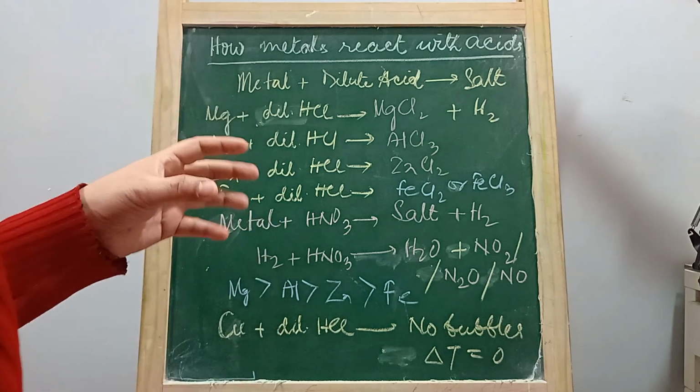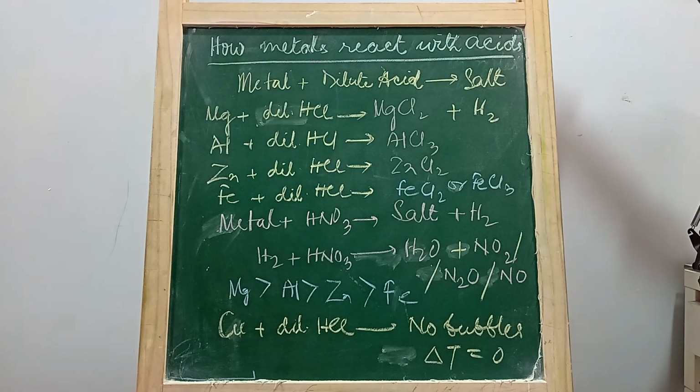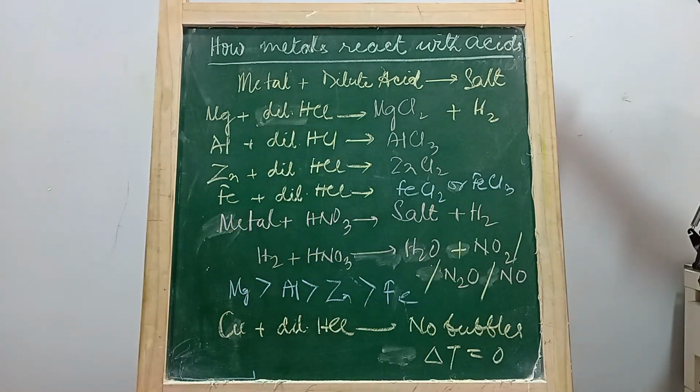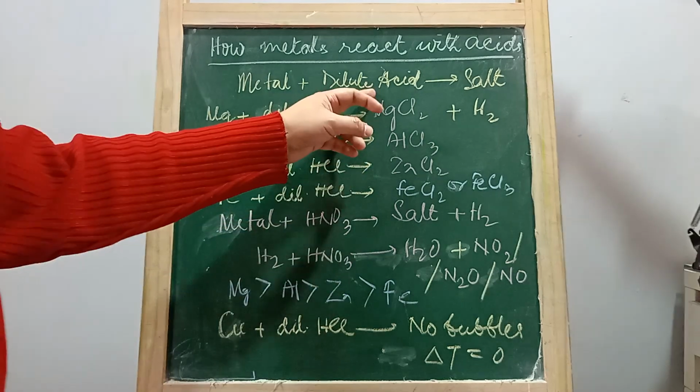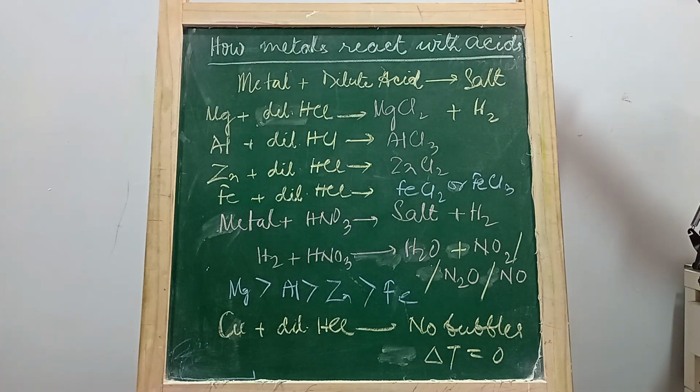Or an acid is something which can turn blue litmus paper red. Any solution of a compound which can turn blue litmus paper red is an acid. A compound that can react with a base to form salt and water is an acid.